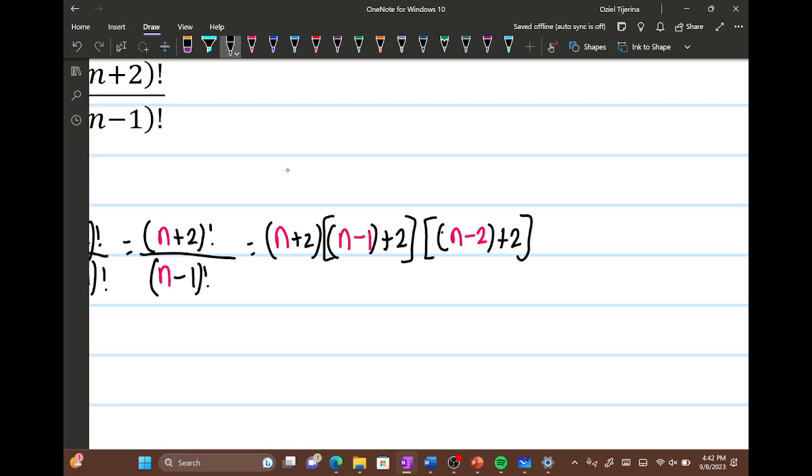So then, on the bottom, let's do the same thing. It's going to go like this: n, so we're going to do n minus 1. And then times n minus 1 minus 1, and then times n minus 2 minus 1.